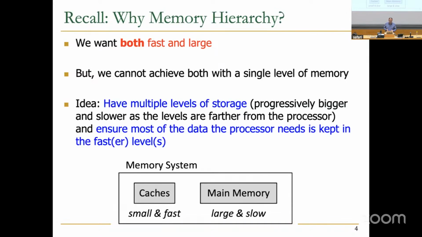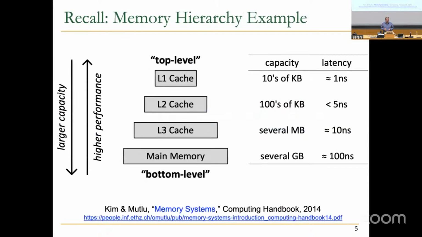Basically, we decided to have multiple levels of storage, progressively bigger and slower as the levels are farther from the processor, and ensure most of the data the processor needs is kept in the faster levels. So that was the idea of memory hierarchy that we discussed yesterday.